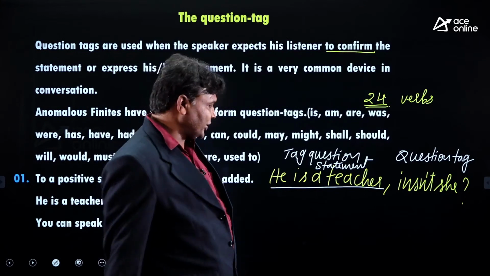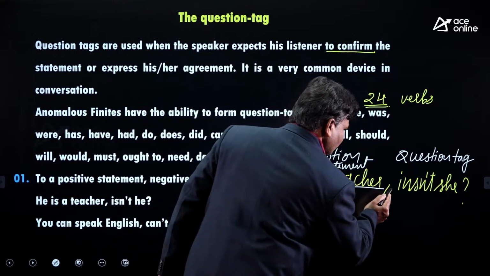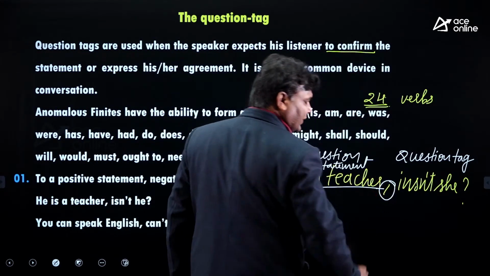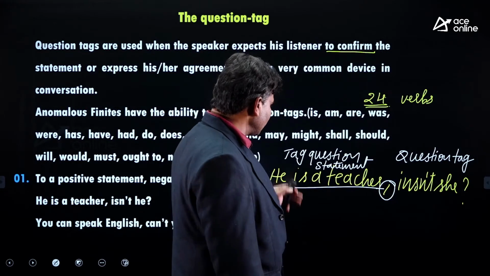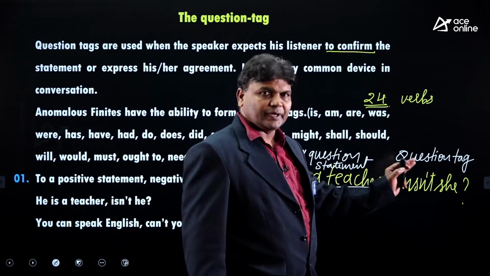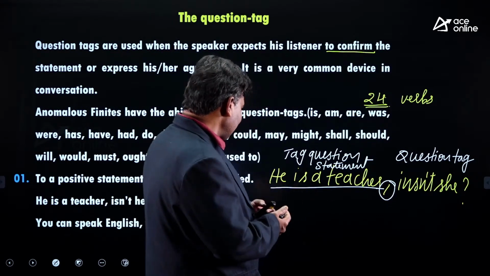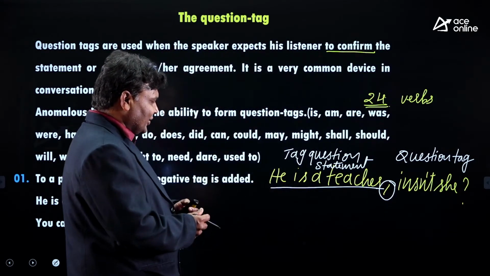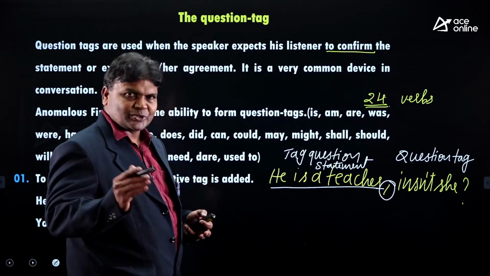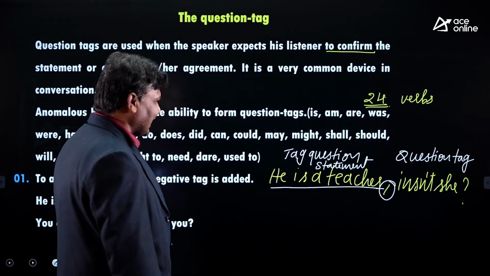How do you differentiate? Introducing a comma here. A comma differentiates your tag question from question tag. That is one thing that we have to see, students. Very good. There are a lot of things that we need to keep in mind when you sort out these question tags, students.